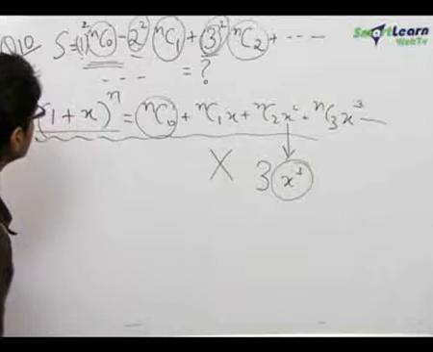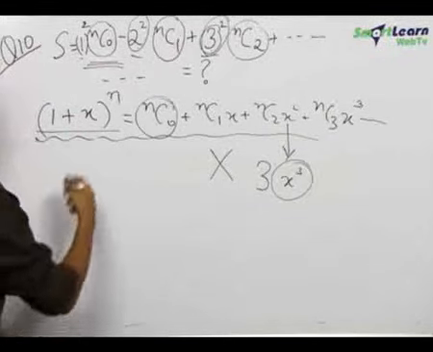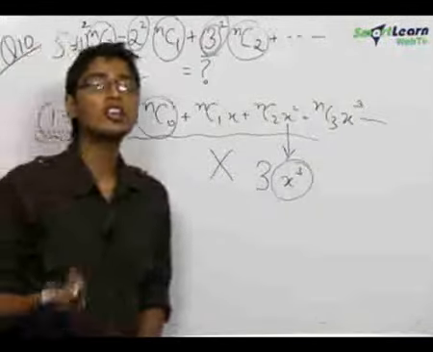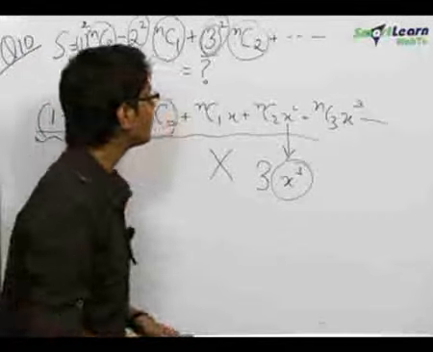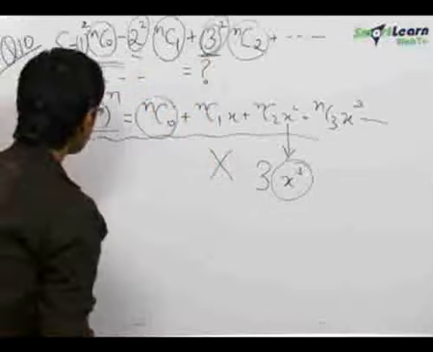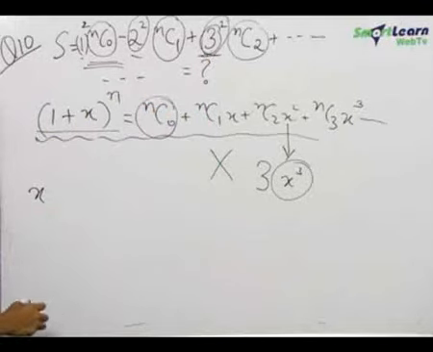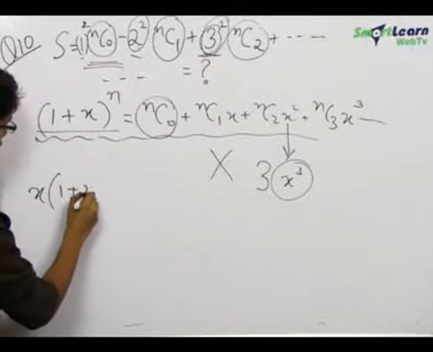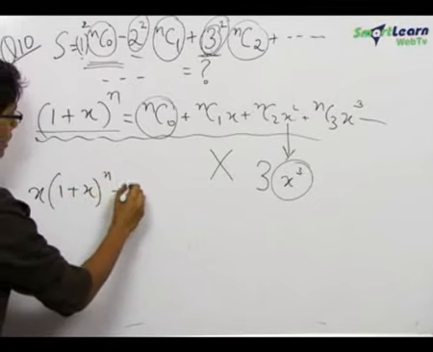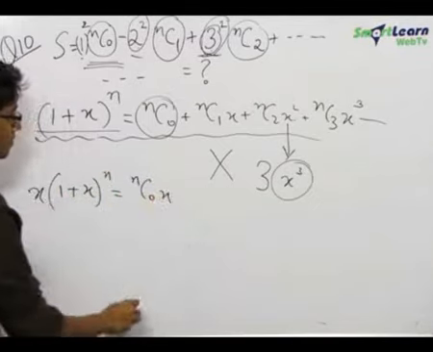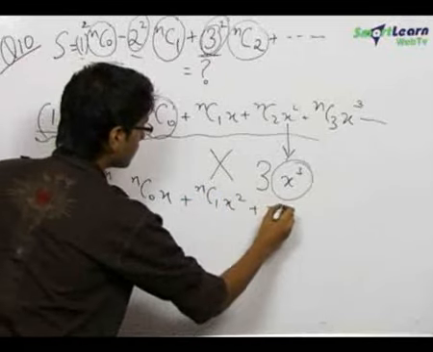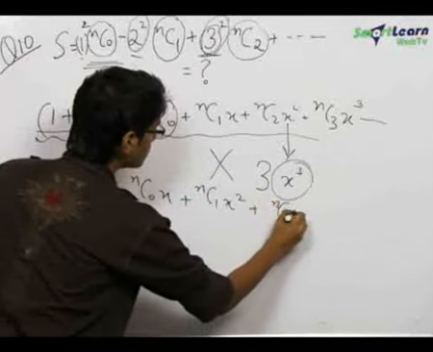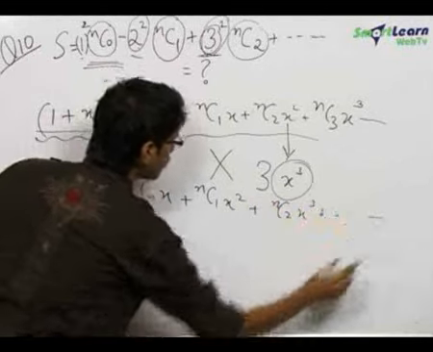So we can multiply both the sides by an x and then differentiate the whole expression and try to find out whether we are getting a 3 or not. On multiplying both the sides by x, we get x into (1 + x)^n equals nC0 x plus nC1 x square plus nC2 x cube and so on.